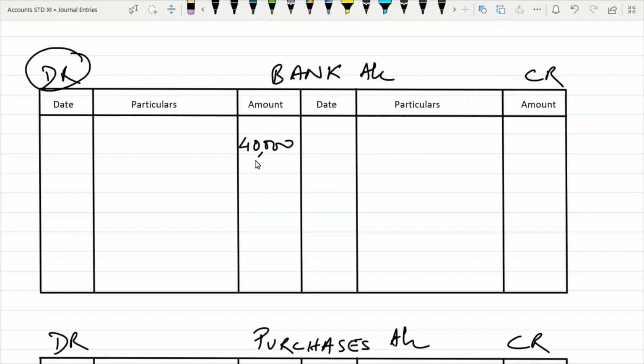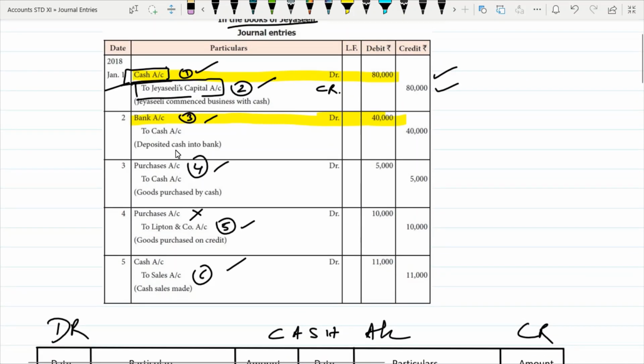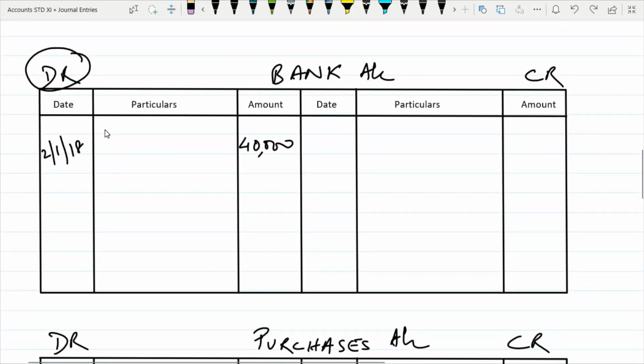The date there was 2nd January 18. Now what can we write bank here? No, we cannot write bank there. So what do we write? We write this to cash. So in bank account now we'll write to cash. So I hope you're understanding now how it is done.